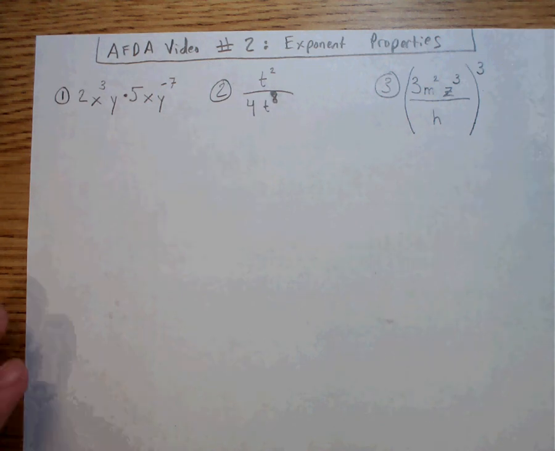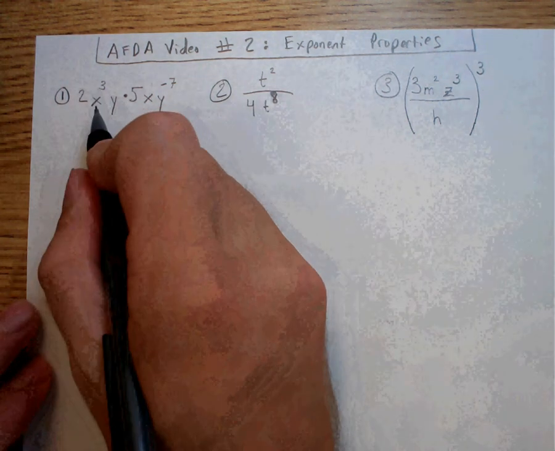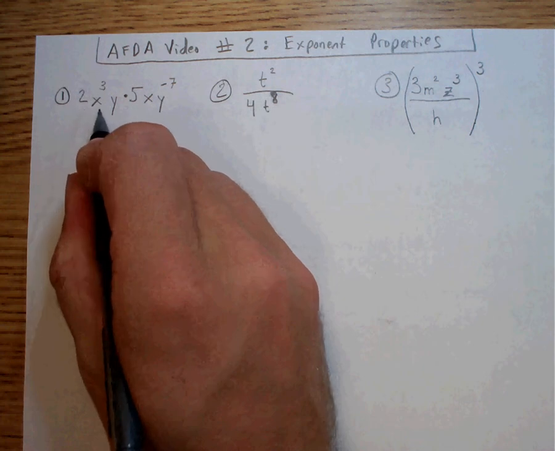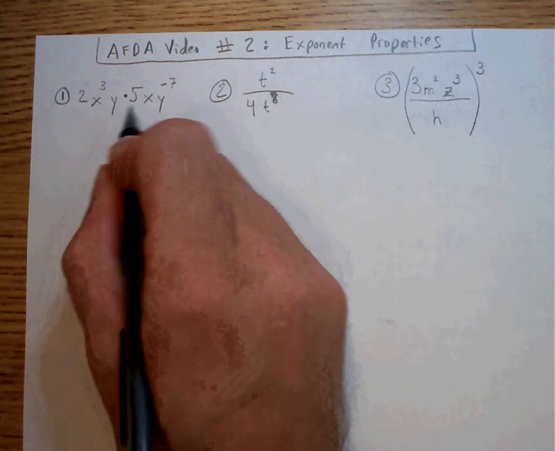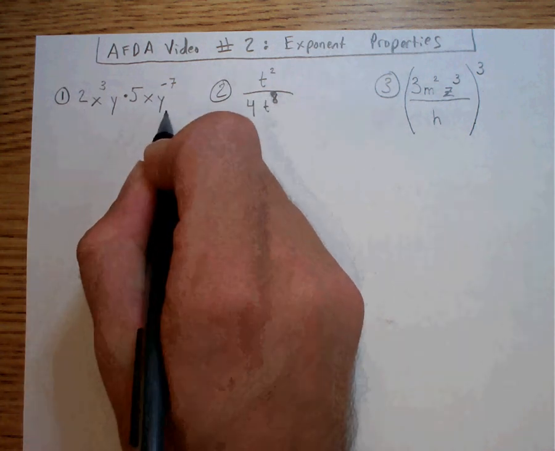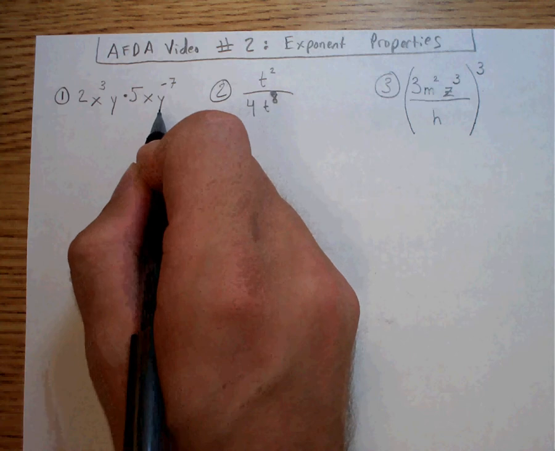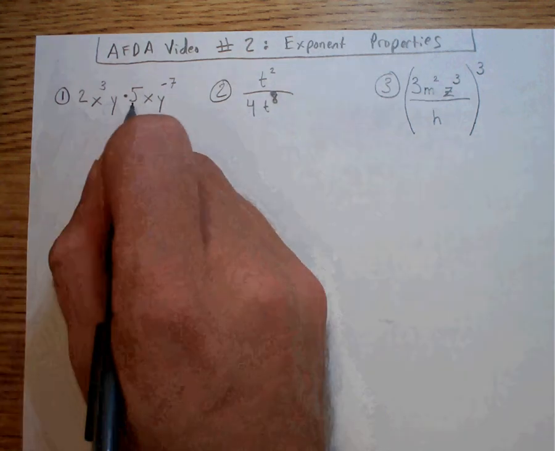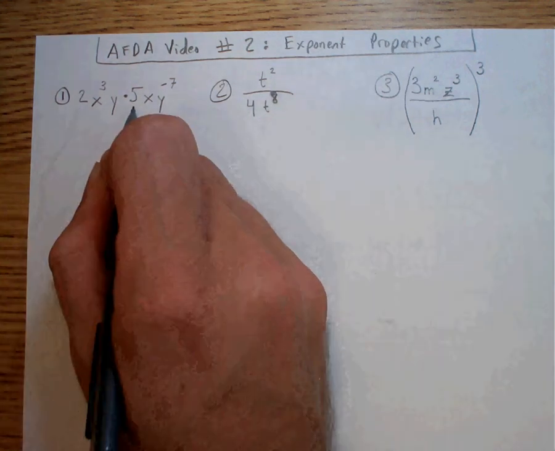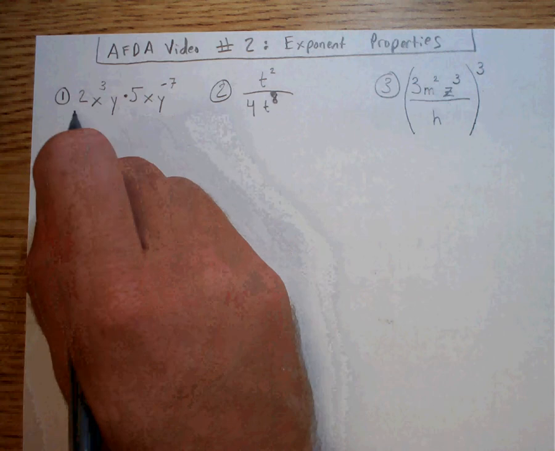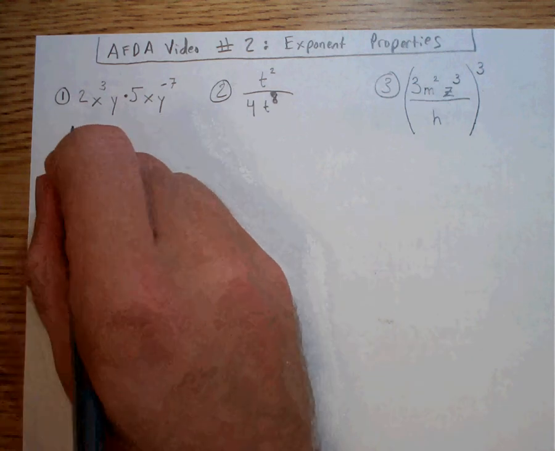Let's get started. For number one, we have 2x cubed y times 5xy to the negative 7 power. So normal numbers like 2 and 5, it's just as you would think. 2 times 5, that gives us 10.